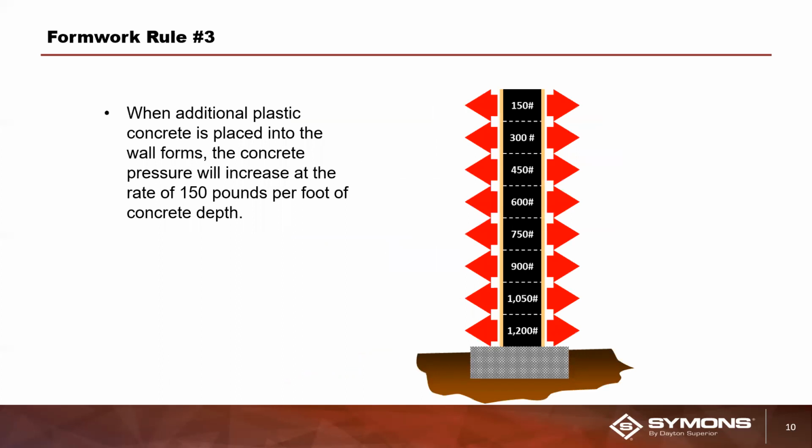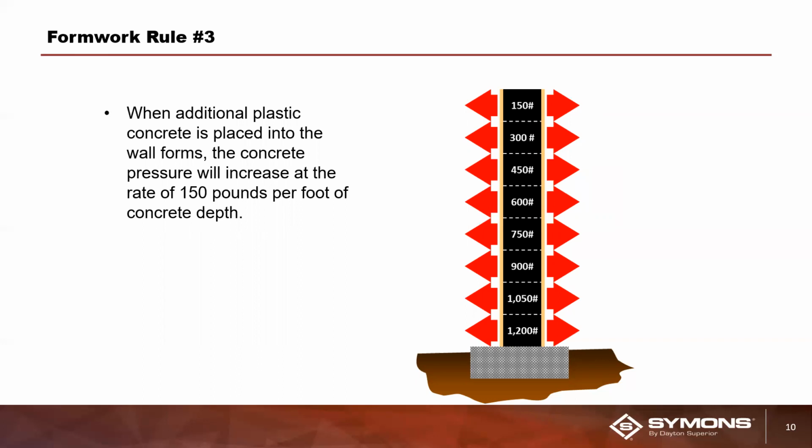Now, when you're putting concrete in the form, you're filling it up. Concrete is incremental. It will actually add to itself. So if you take an 8 foot high wall, and you pour at 8 foot per hour, you will exert 150 pounds on the top foot of that concrete form.